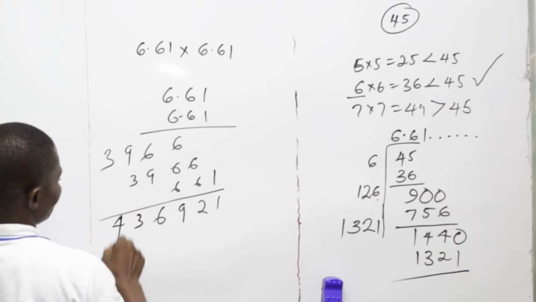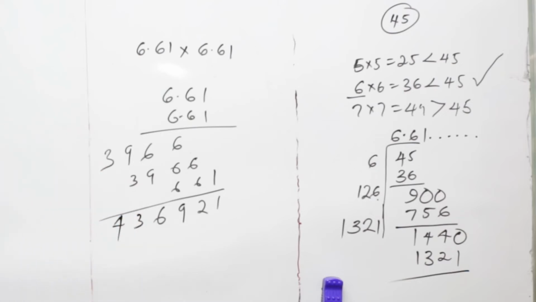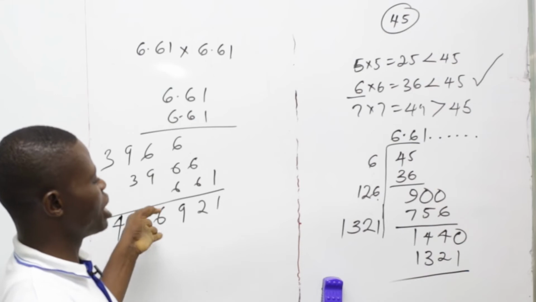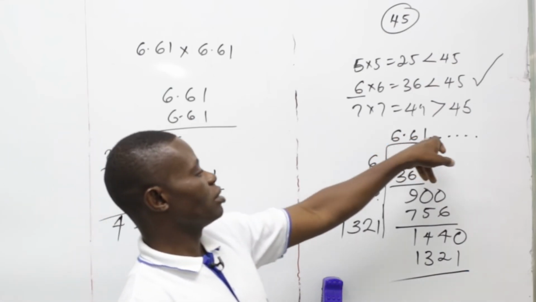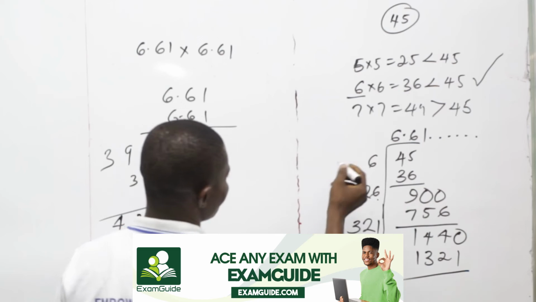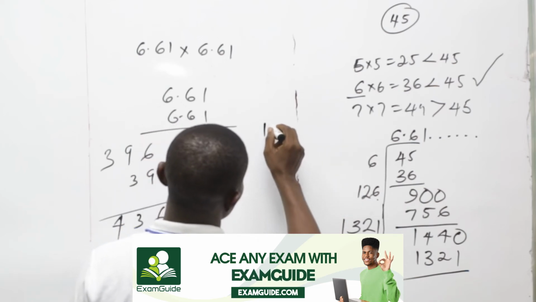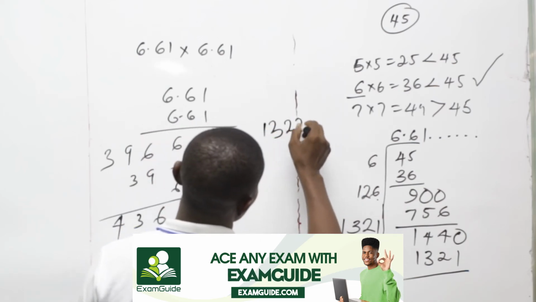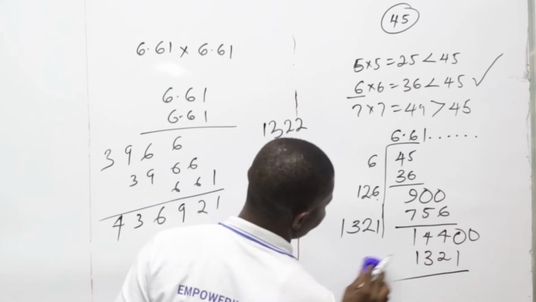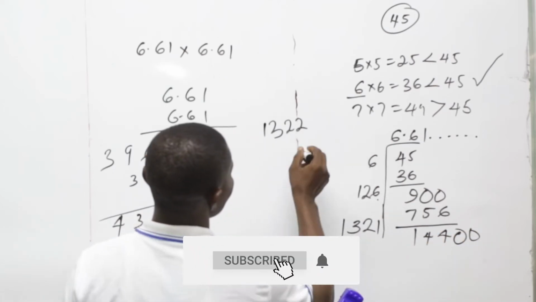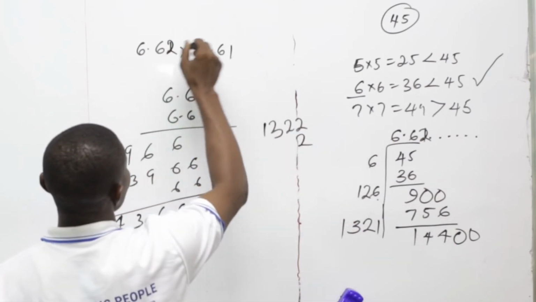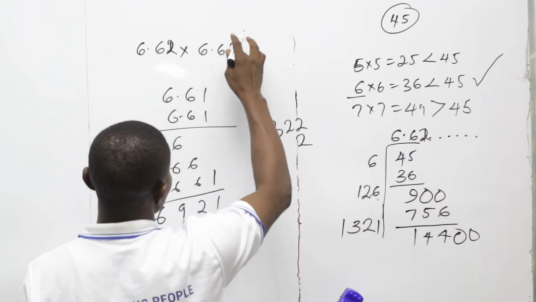Carry 1, 4. You can see it. This is 43. Meaning this one will not work for us. We need to test with 2. 1322, you are going to increase 1322 times 2. That is 6.62.